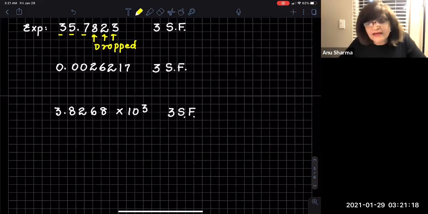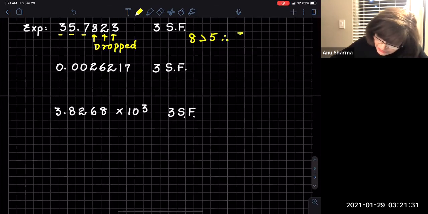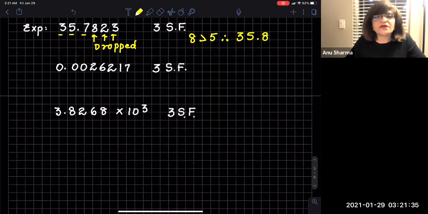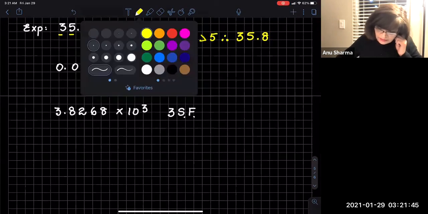What should we do with 7? So 8 is being definite, and 2 and 3 are being dropped. But since 8 is more than 5, our number now becomes 35.8. And anytime you write the numbers, make sure that you are also writing the units.